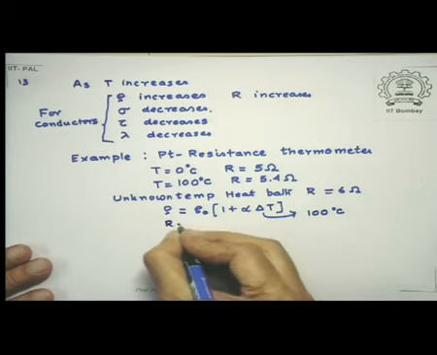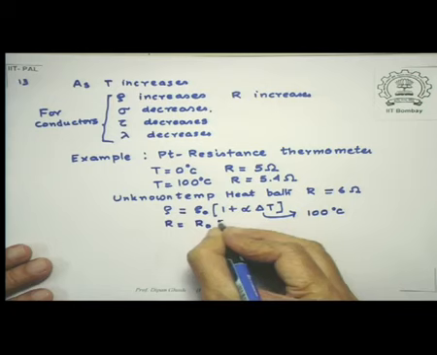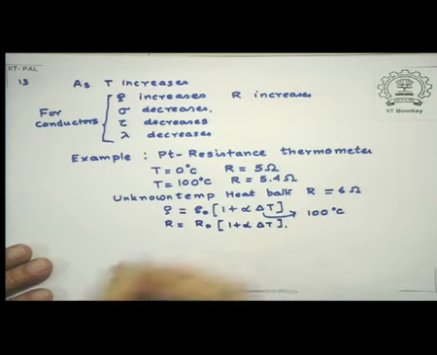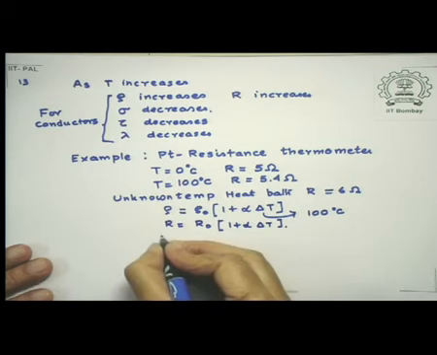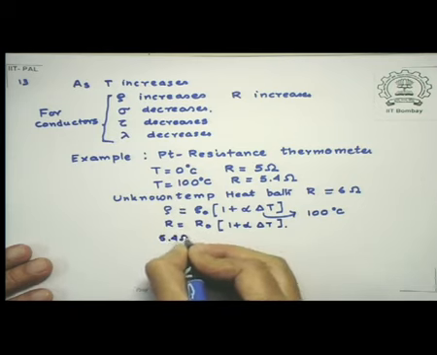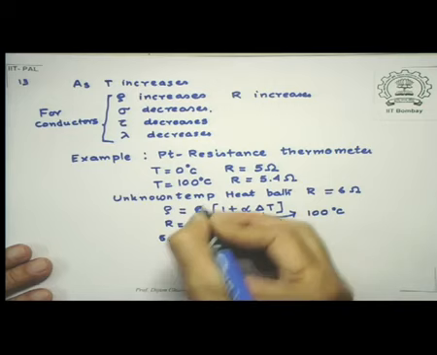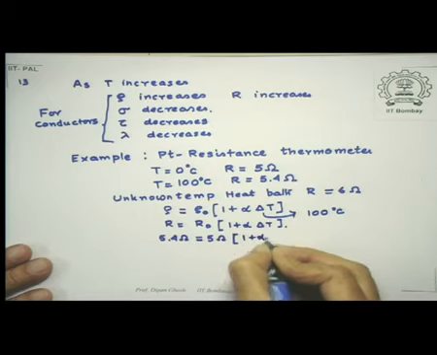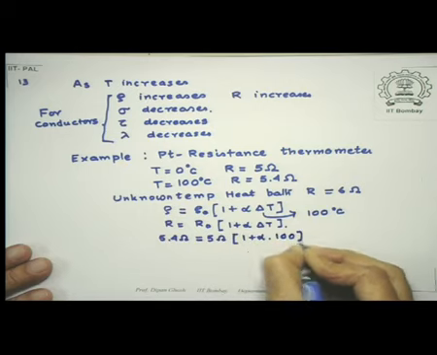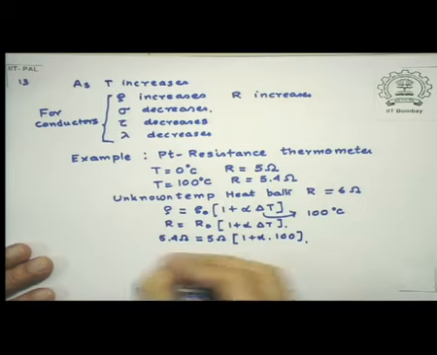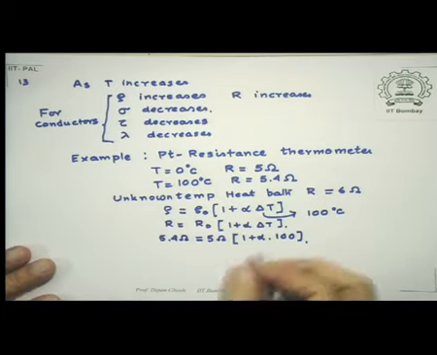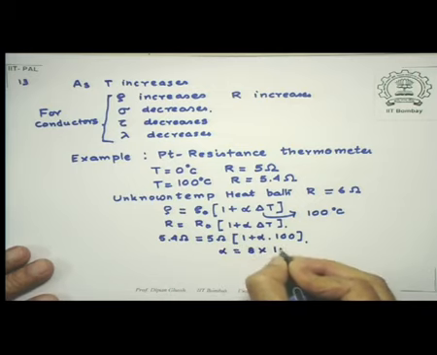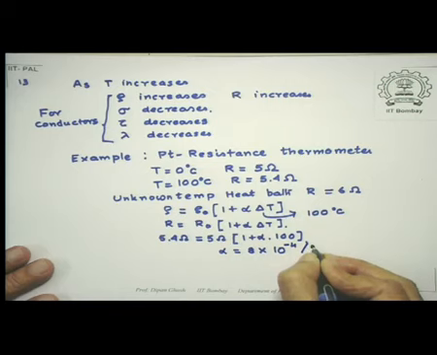So resistance R also follows R0 into 1 plus alpha times delta T. If you substitute the given values, 5.4 ohms is equal to 5 ohms into 1 plus alpha times 100. And if you solve this equation, you find the value of alpha to be 8 into 10 to the power minus 4 per degree centigrade.